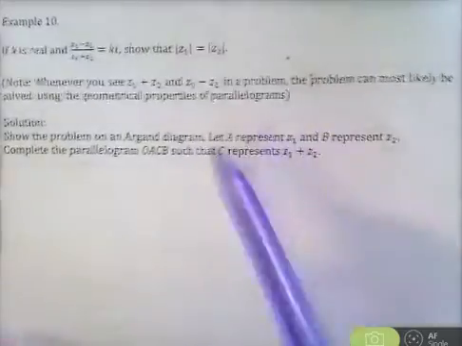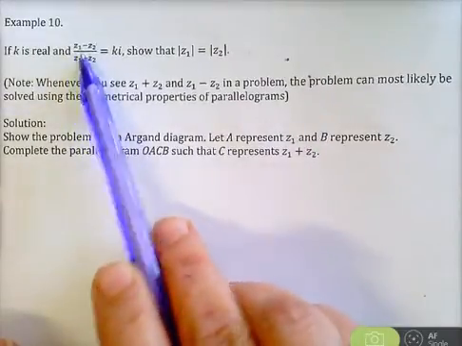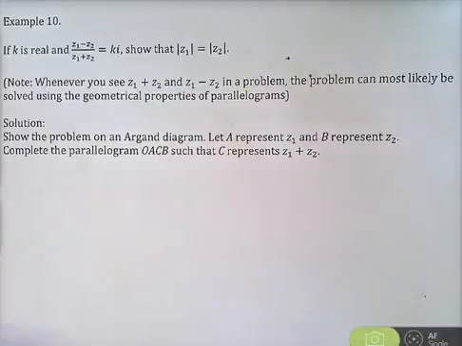If K is real and Z1 minus Z2 over Z1 plus Z2 equals Ki. Where have you seen Z1 minus Z2? That's the shorter diagonal of the parallelogram. Z1 plus Z2 is the longer diagonal of the parallelogram.